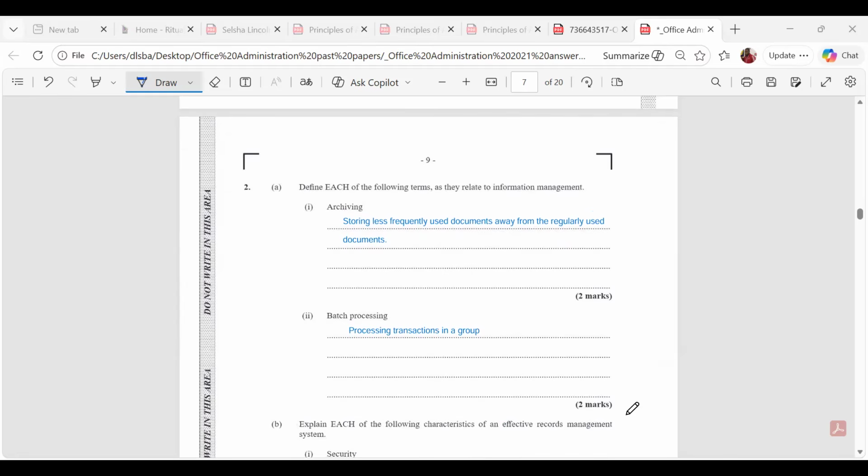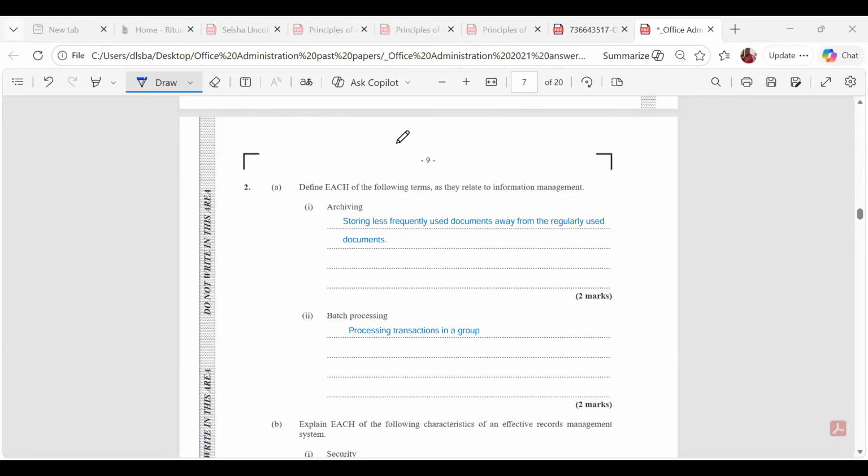Explain each of the following characteristics of an effective records management system. The first one is security. Do not overthink it. Don't feel like, oh no, I don't know how to describe this. If you have an effective records management system, where does security come in? Kimura, where do you think it will come in?